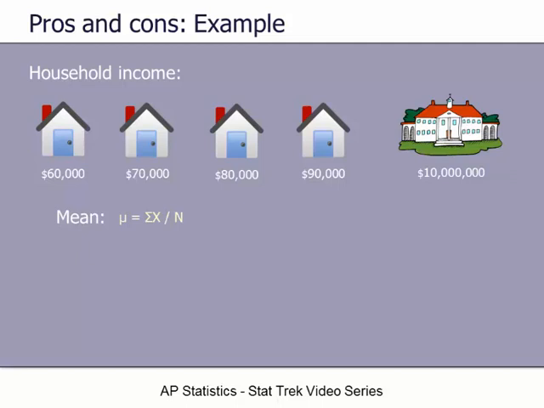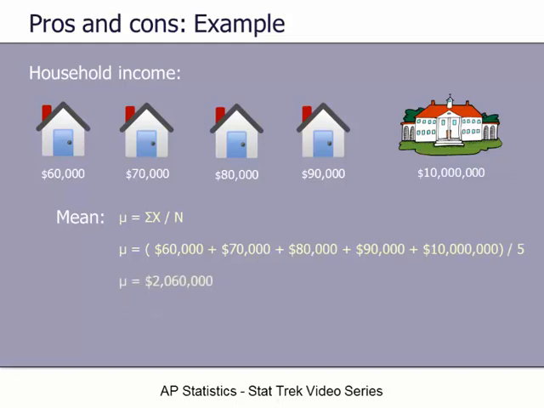So we can compute the mean as 60,000 plus 70,000 plus 80,000 plus 90,000 plus 10 million, all divided by 5, which equals 2,060,000. What about the median? The median is the central value in an ordered list of values, which in this case is $80,000.